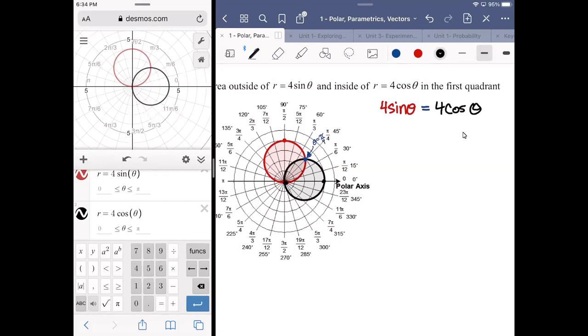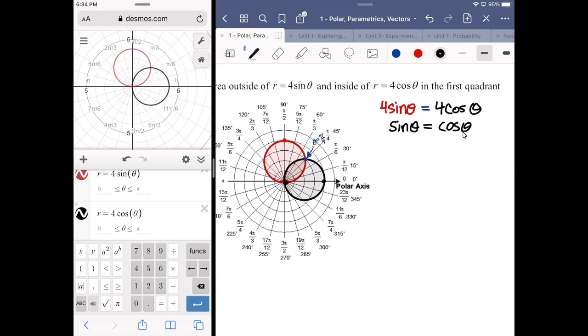Now that being said, if I go to try this step and I don't know how to do it, then I have no choice. All right. But here I'm looking at it and I see sine of theta is equal to cosine of theta, just dividing both sides by 4. That's a good development.